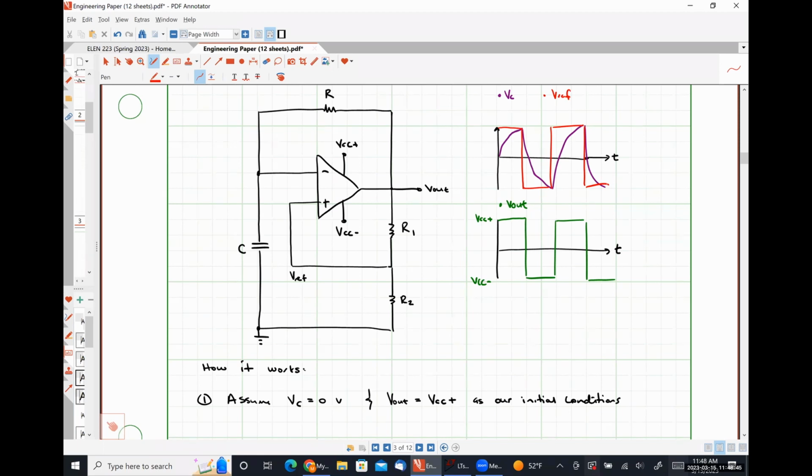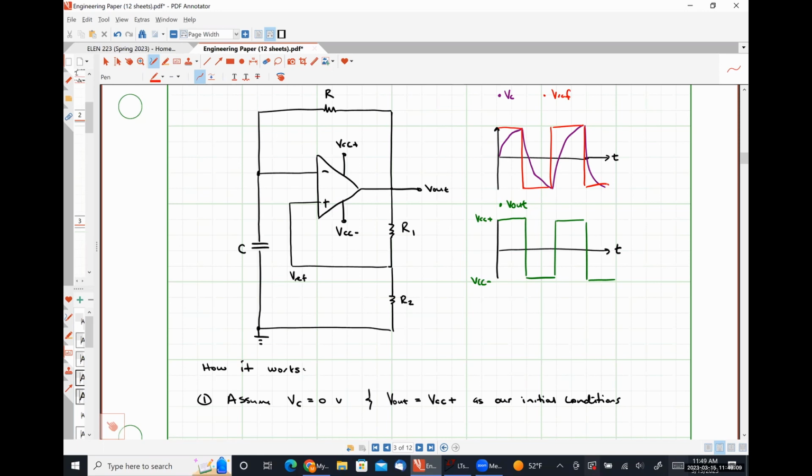So effectively, our differential voltage here changed signs. As soon as this capacitor starts to discharge, our differential voltage changes signs, which means our output voltage also changes signs, because this thing is just amplifying the difference between Vref and Vc effectively.